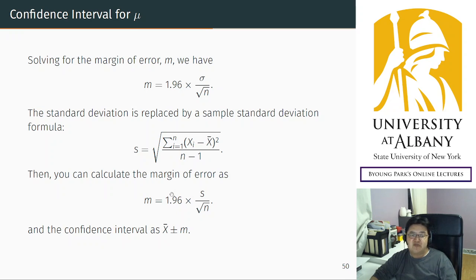The sample size is known, and the standard deviation you can calculate. So in the end, you only need four numbers: sample average, sample standard deviation, sample size, and this z value. I will call it the z value later. You need those four numbers and follow the formula. That's it.